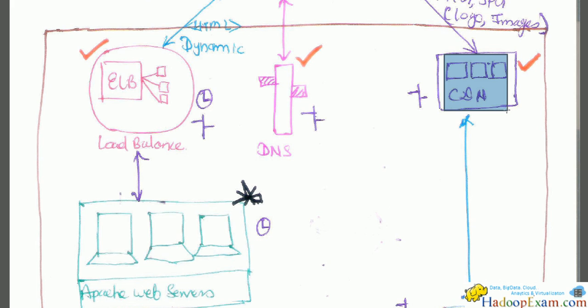CDN is a very good technology to transfer data. If you are accessing your website from the US, but it is hosted somewhere in India, the CDN is good for delivering static images to various locations globally.